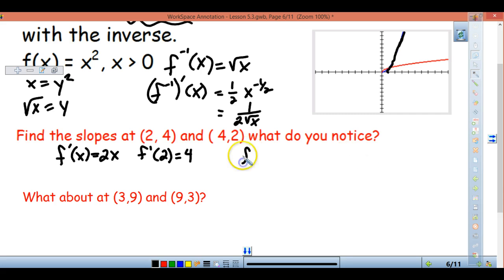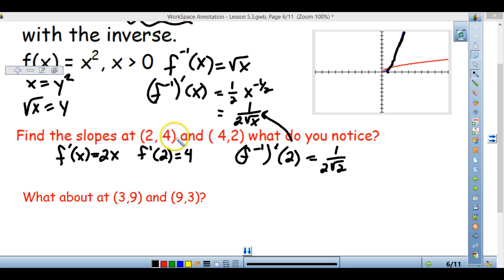And then the inverse's derivative at 2, if I plug 2 into this equation right here, I get 1 over 2 square root of 2.